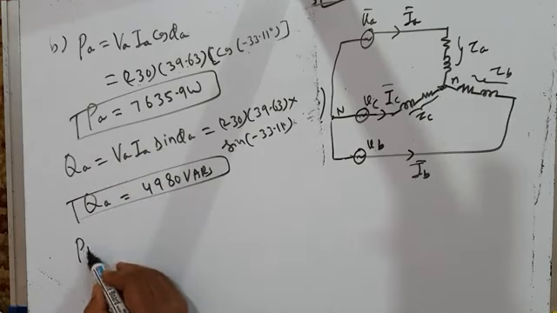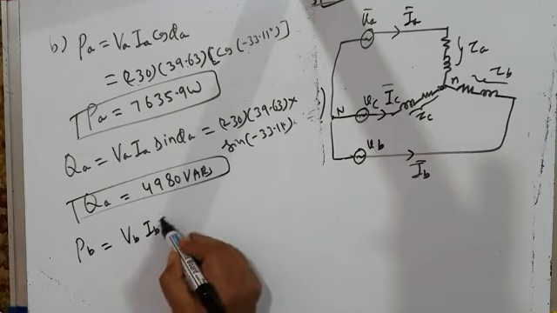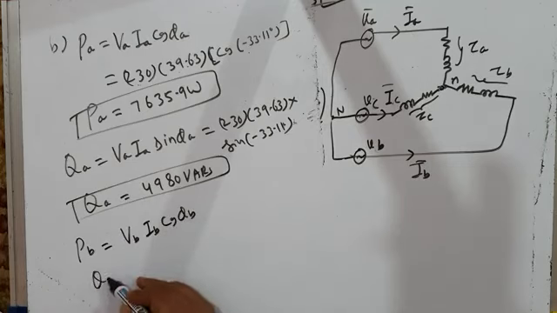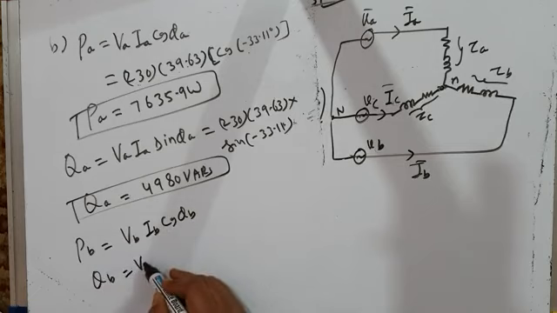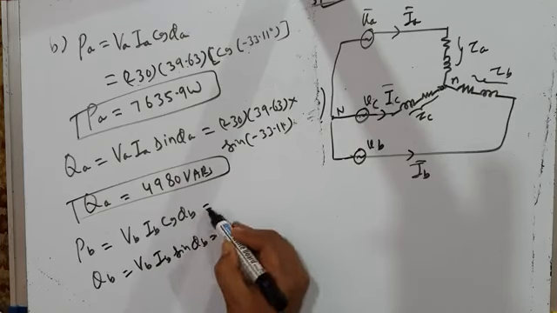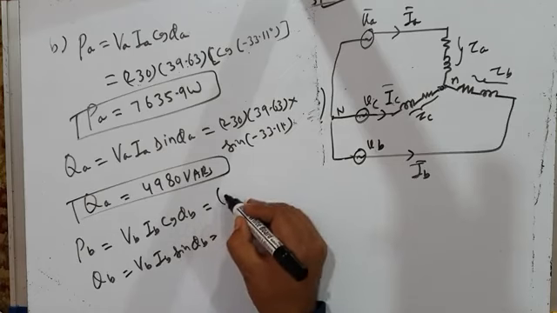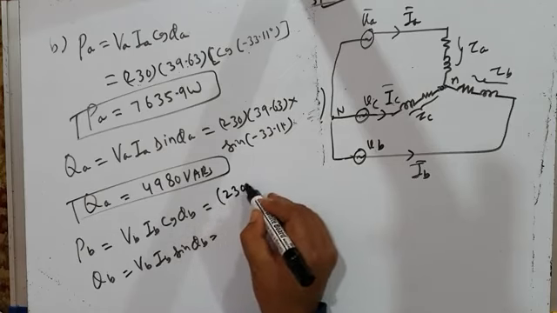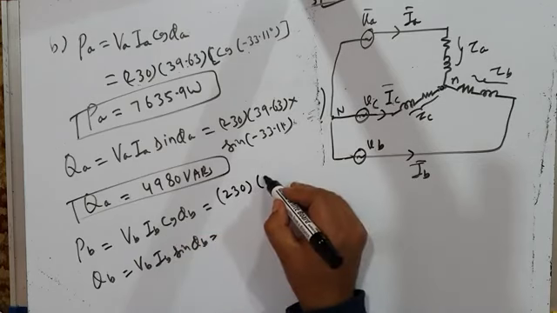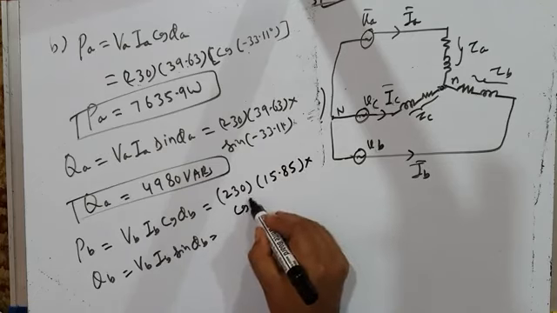Similarly, for phase B, active power you can find as VB, IB, cos phi B, and reactive power as VB, IB, sin phi B. I have already calculated them. One thing I need to tell you here: this is 230 volts, the phase B current is 15.85 amps. And what is phi B?